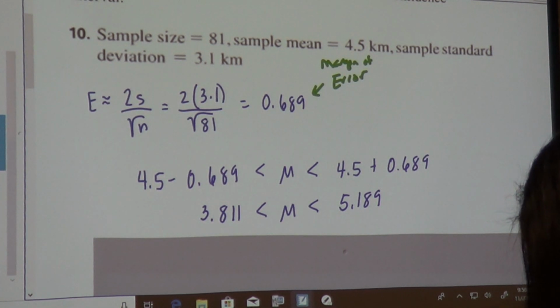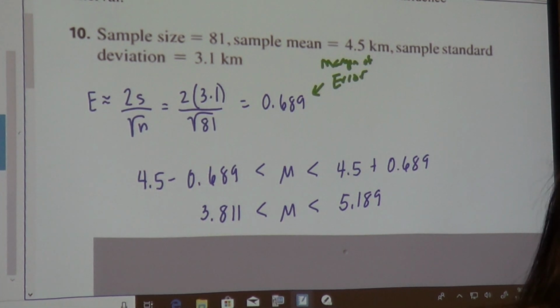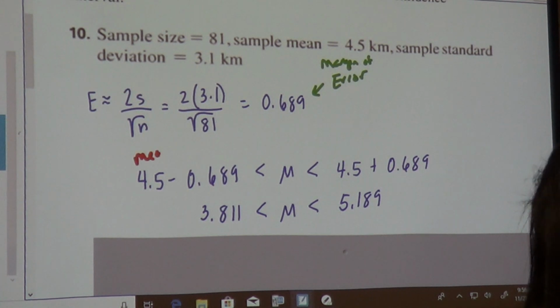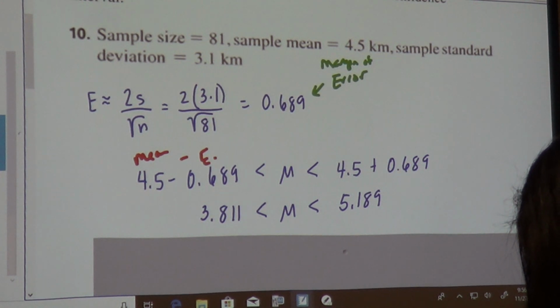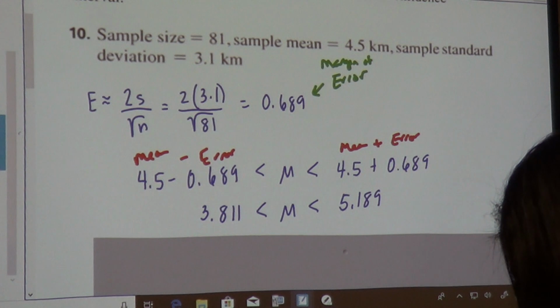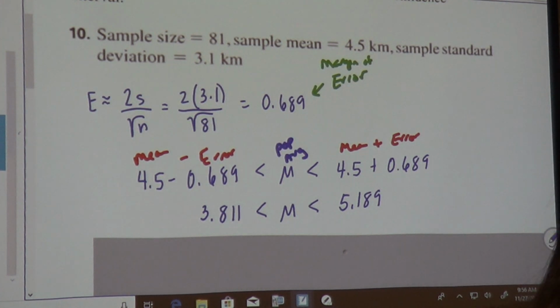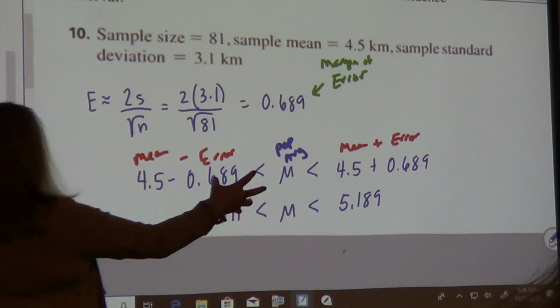Now, they wrote it kind of different. I'm going to take my mean minus my error, and my mean plus my error. And this is saying that my population average, my population mean, is going to be between.